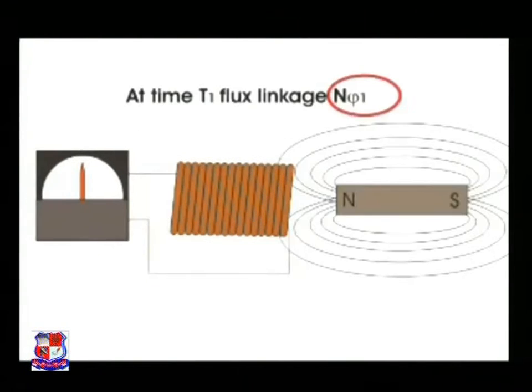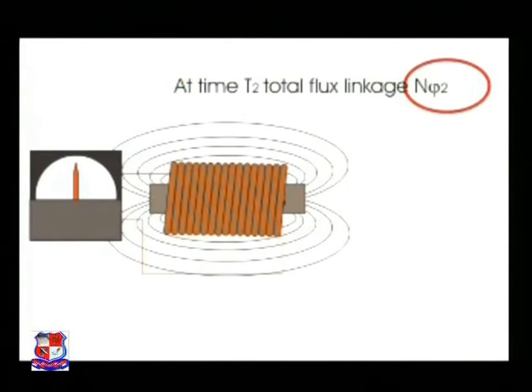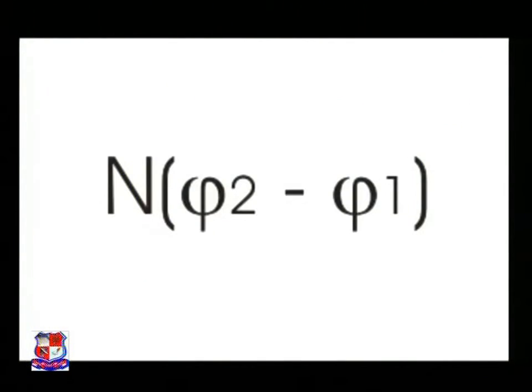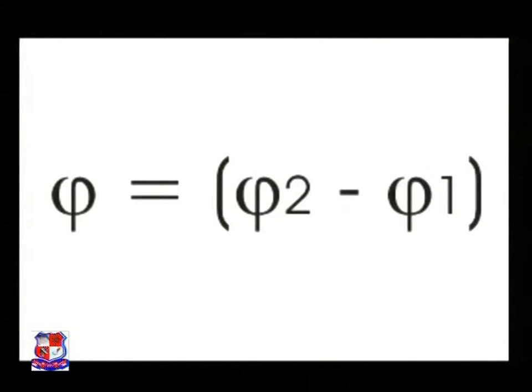Flux linkage with the coil at time t1 is N into phi1 Weber, and flux linkage with the coil at time t2 is N into phi2 Weber. Hence, change in flux linkage is given by N into (phi2 minus phi1). Let this change in flux be phi equals phi2 minus phi1.